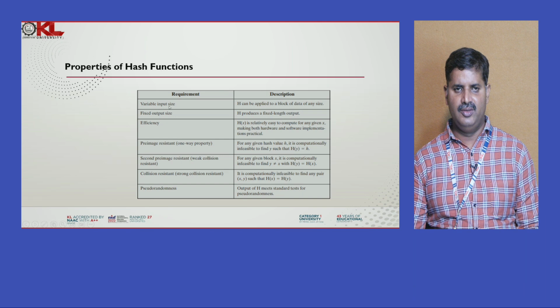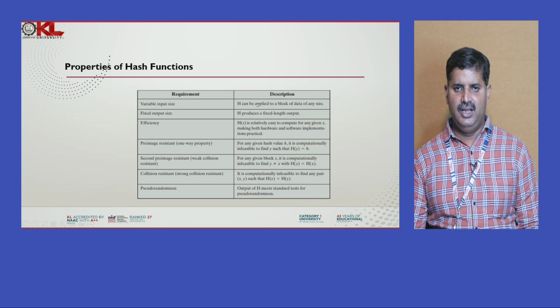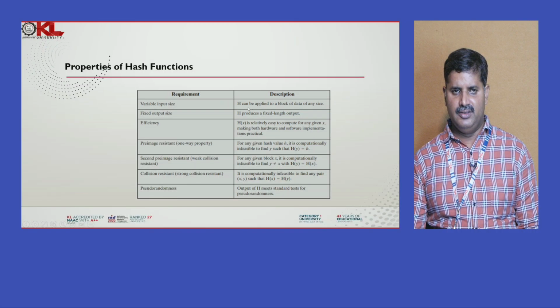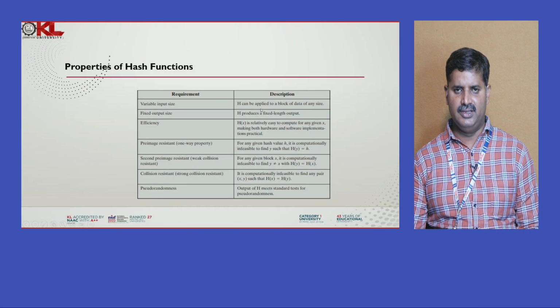Coming to the properties of hash function, there are certain requirements and corresponding descriptions. First one is variable input size. Here the input of the given message is described as h. And then what is the output size? Fixed size. Here h produces a fixed length output.